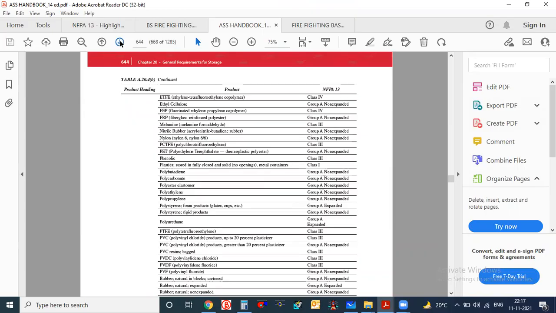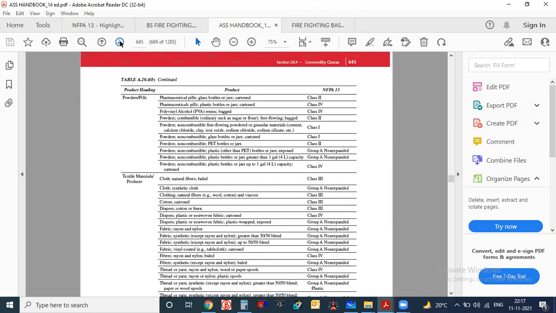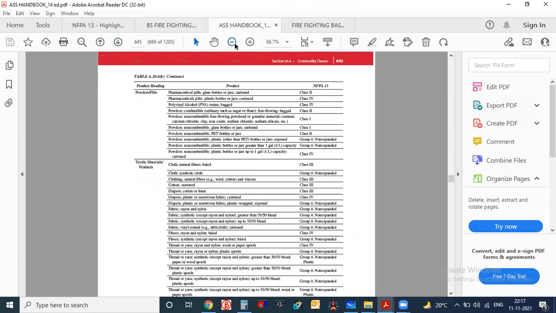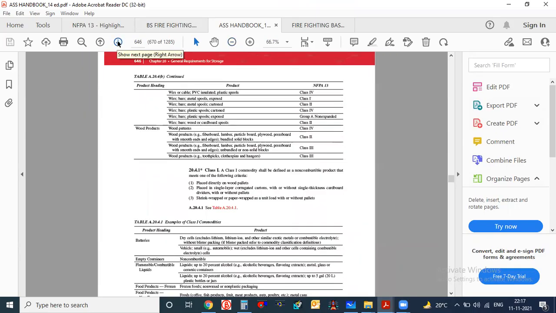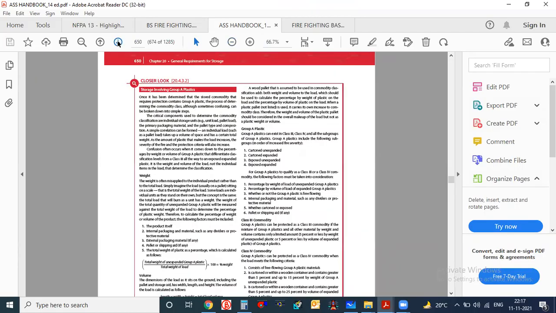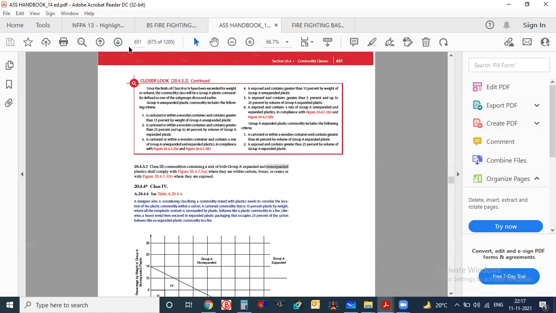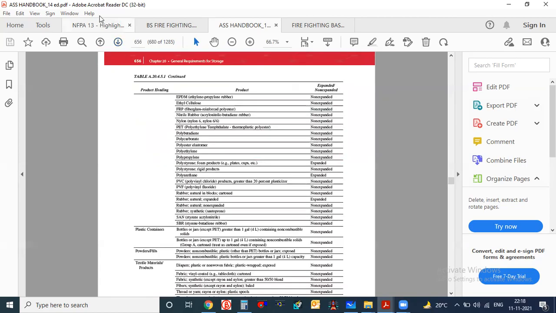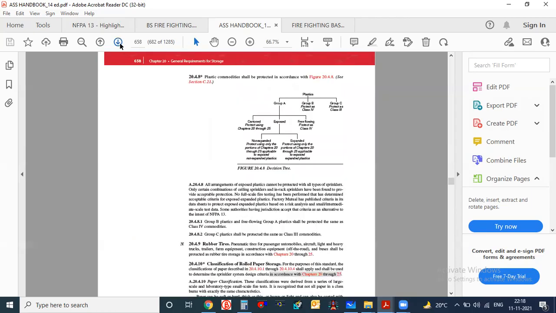I think everything is taken from NFPA, but they have utilized some engineering also, and they have written some of their own case studies, something like that. This book is also very good. You can check this whenever you want to check any NFPA storage type of building. NFPA 13 is very good actually. So I will share it with you.